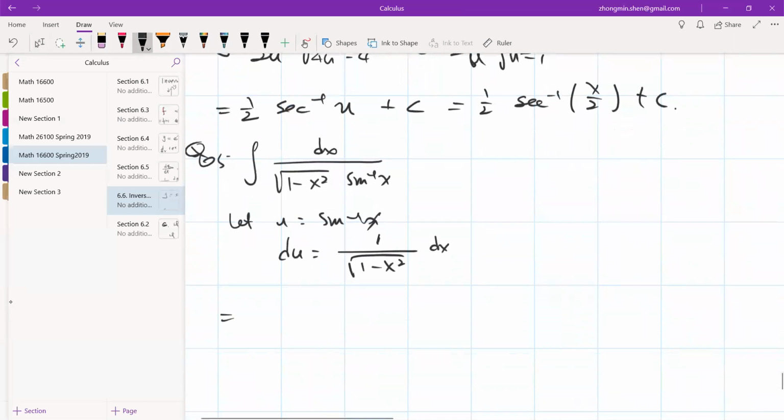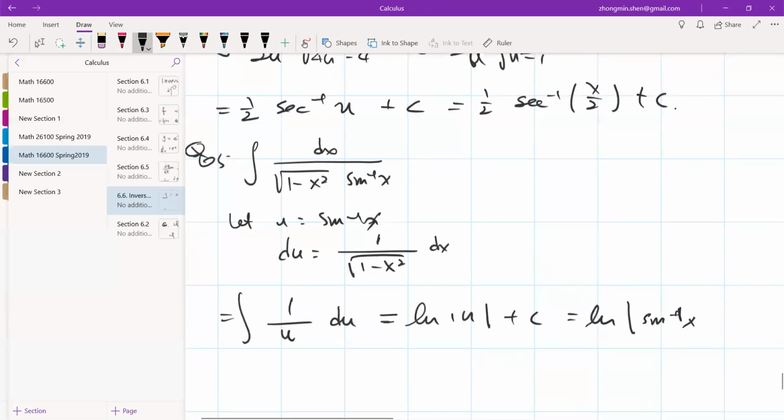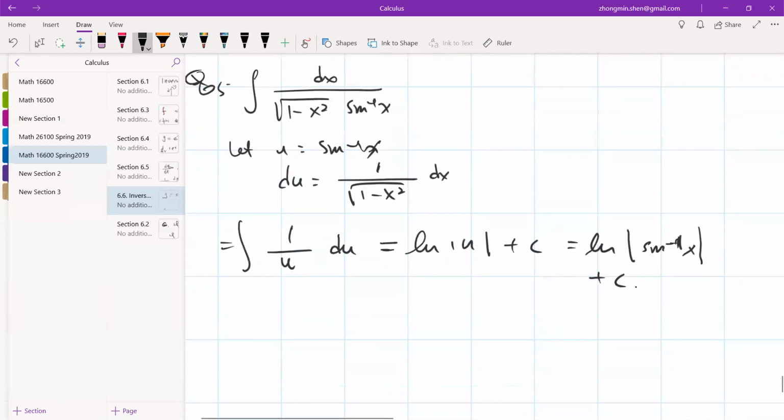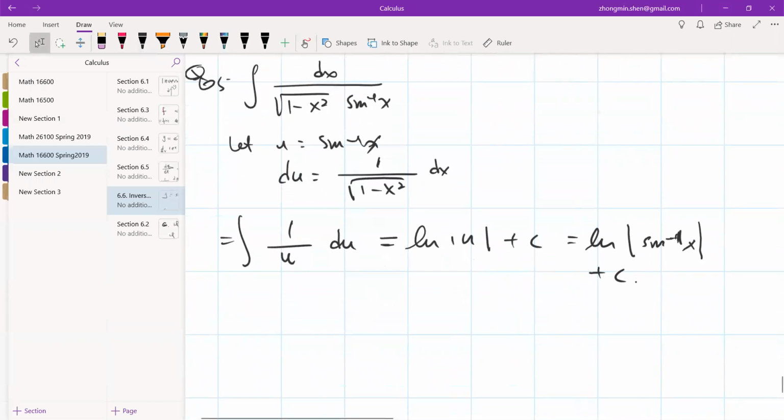So now the integral becomes just 1 over u du, and that is going to be natural log of absolute value of u plus constant, and this is just equal to natural log of arcsine x plus constant. Yeah, you have to put an absolute value on that because it's possible it is negative.